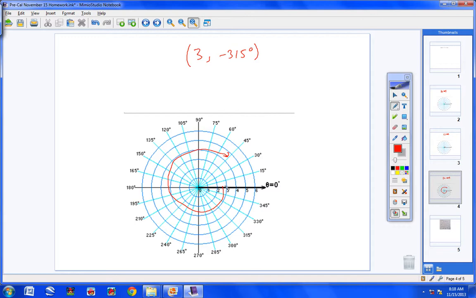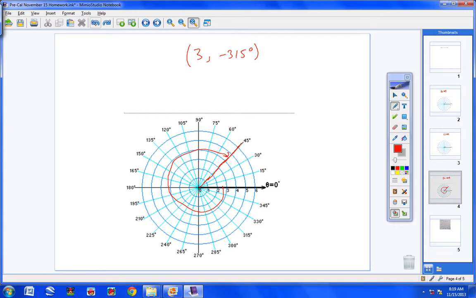Trust me, that's right. 315 is here, then this last 45 degrees would put me to 360. So if I rotate negative 315, I hit this axis right here. Once I hit this line, that's the positive part of my ray, and down here would be the negative part of my ray. But we are dealing with the positive part of the axis.